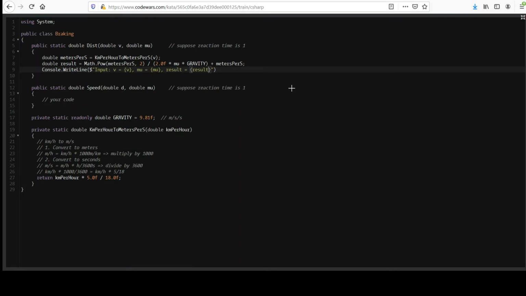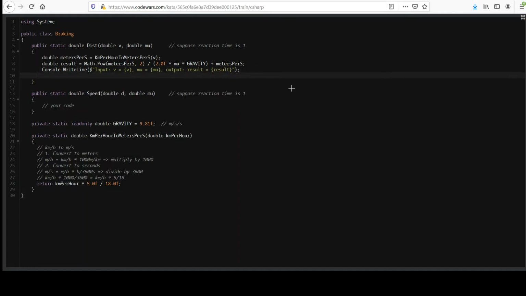Result's not part of the input, so I'll say output, something like that. It doesn't matter, as long as you can see your values. And then we can return the result. Again, you didn't have to set up this variable. I just did it so we could print out some values in case anything's going wrong, and that might give us a little more insight.